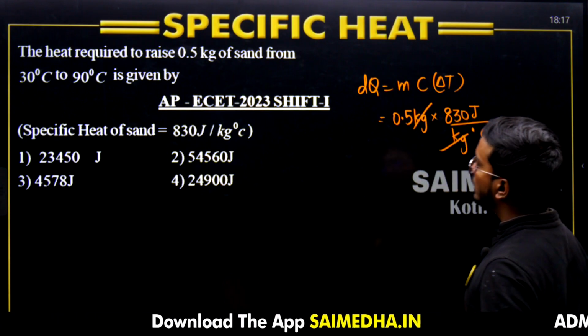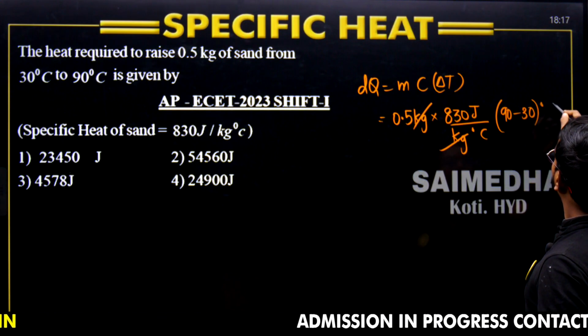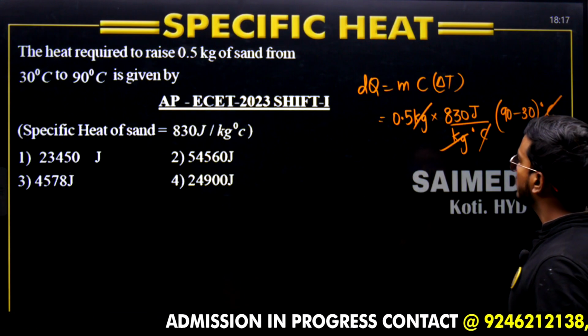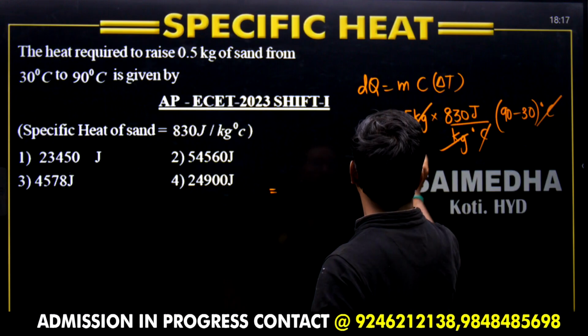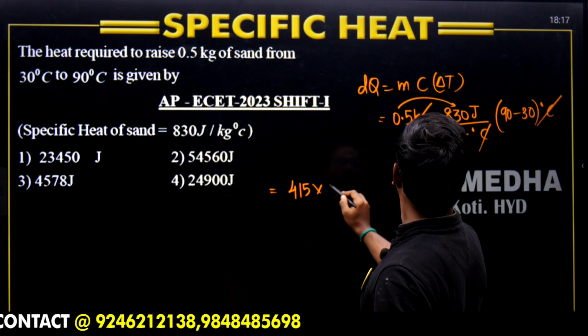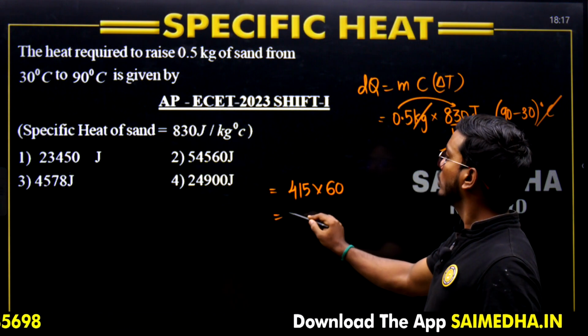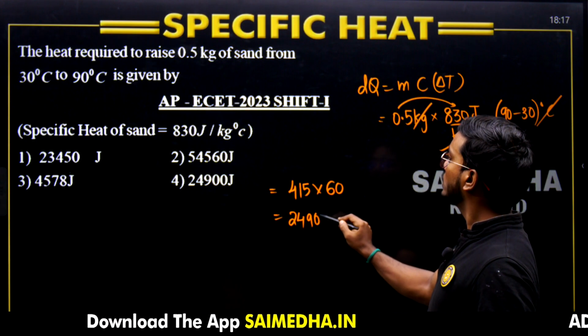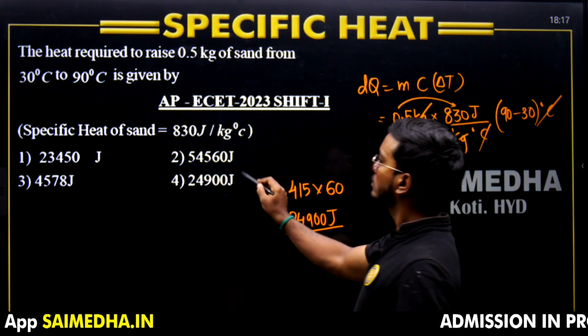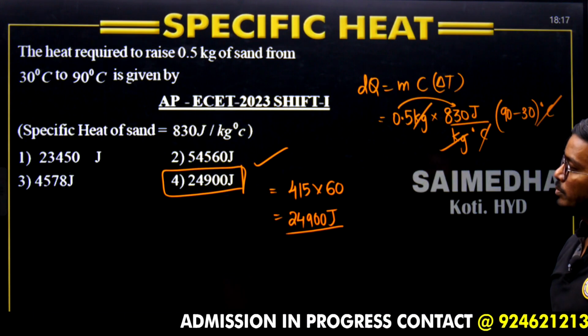Change in temperature is 90 minus 30 degree Celsius, so degree Celsius cancels. So this is 0.5 times 830, which is 415. 415 into 60, 4 6s are 24, so your answer would be 24,900 joules. Go through it, very simple question.